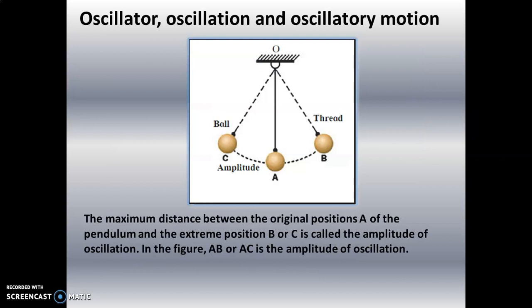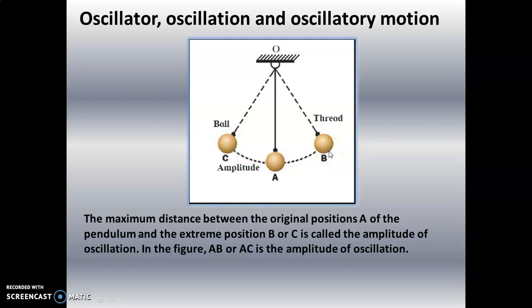Now let's see. The maximum distance between the original position A of the pendulum and the extreme position B or C is called the amplitude of oscillation. This is the central position, then this is C towards this side and B towards this side.